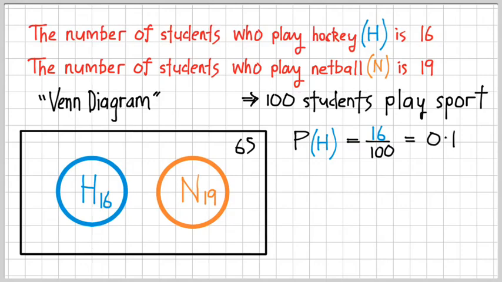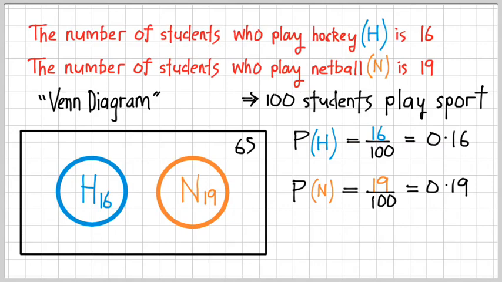And as a decimal, that ends up being 0.16. We can also calculate the probability of a student playing netball. So that's going to be 19 divided by all possible outcomes, or the total number of students in this case, and that gives us 0.19.